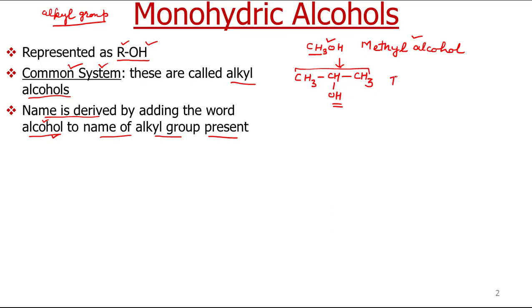First we will write the name of this alkyl group, isopropyl, then we add alcohol. So the name will become isopropyl alcohol. This is the name of this alcohol using the common system.